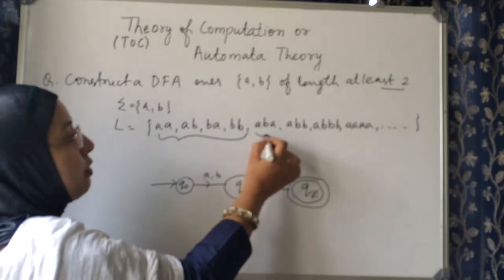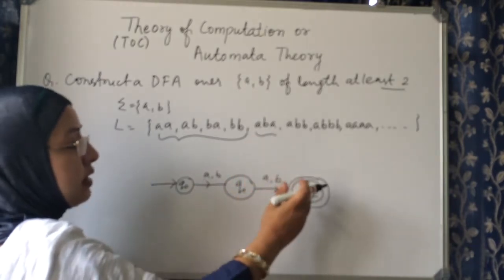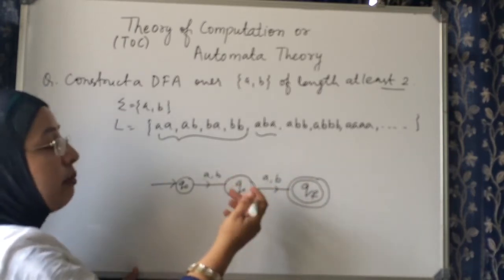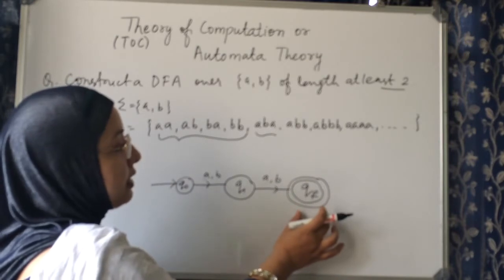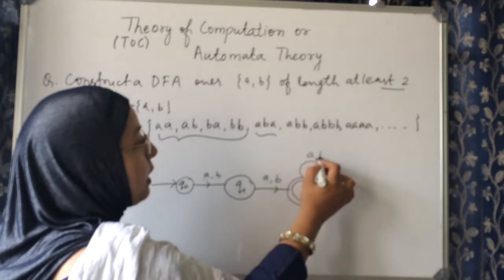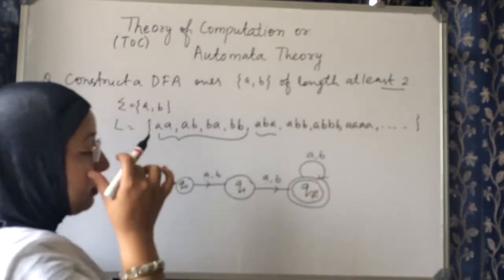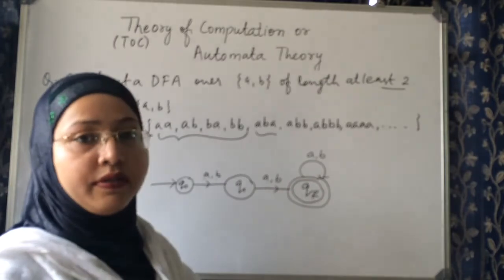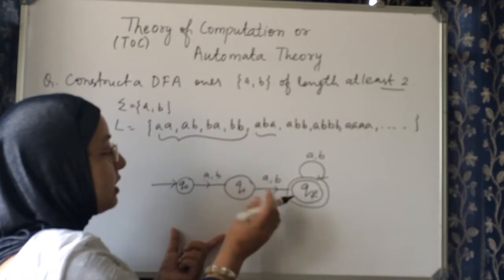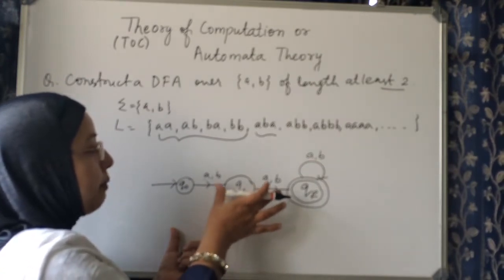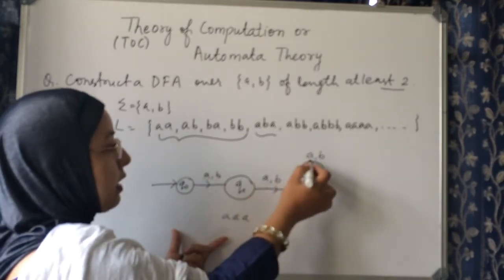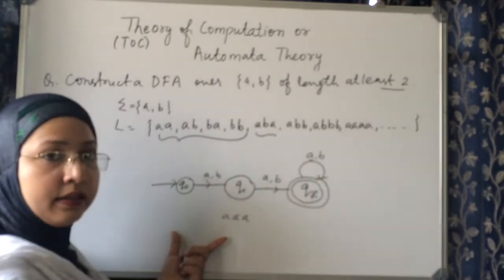Now we have to show that even after these symbols, if it looks at any more symbols of A or B, it will go to the final state. So now what we have to write here is a loop, and the transition will again come back to QF. This shows that even if it sees A, B, B, or A or A, it will go to the final state.